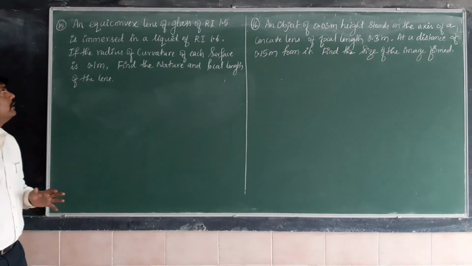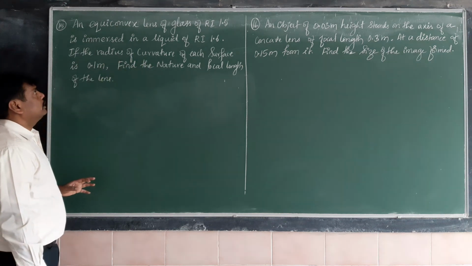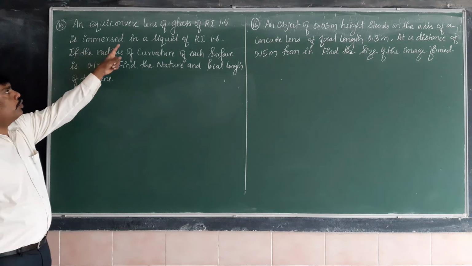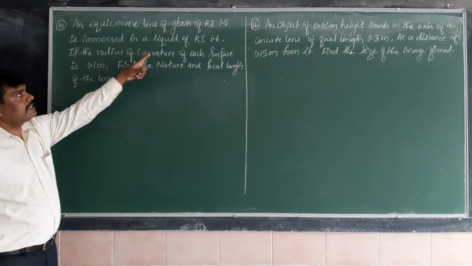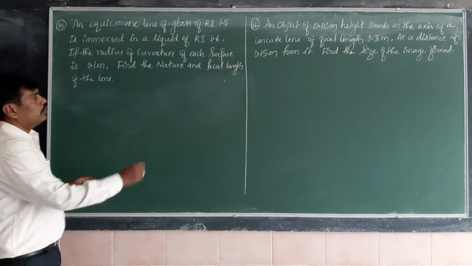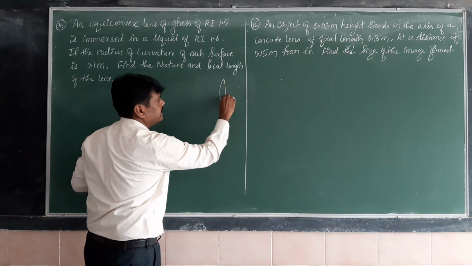First of all, let us read and try to understand the problem carefully. See here, an equiconvex lens of glass of refractive index 1.5. Equiconvex lens is given. You know what is equiconvex lens?